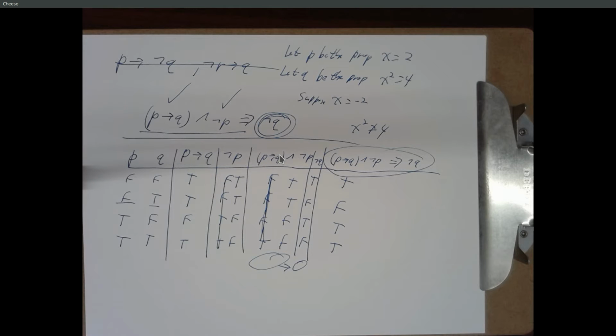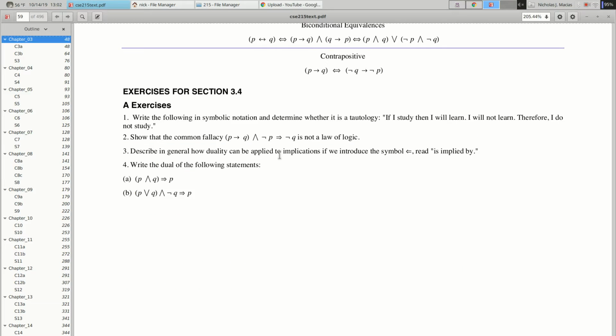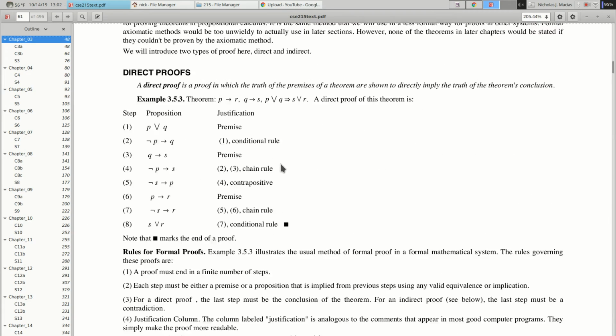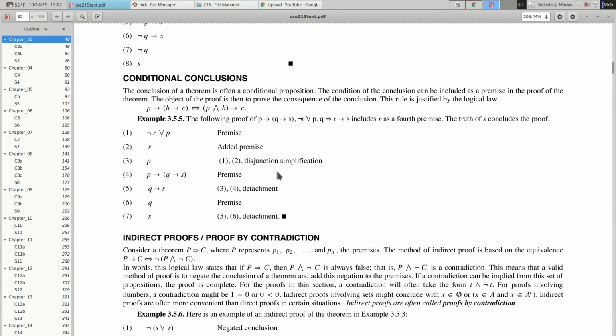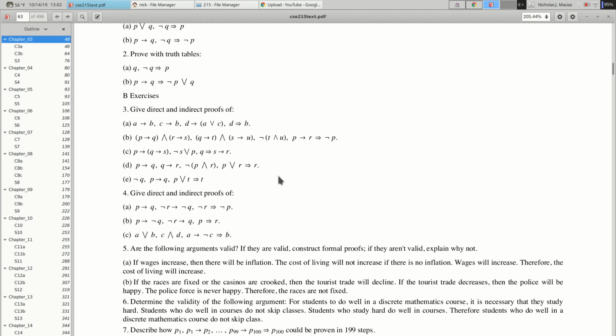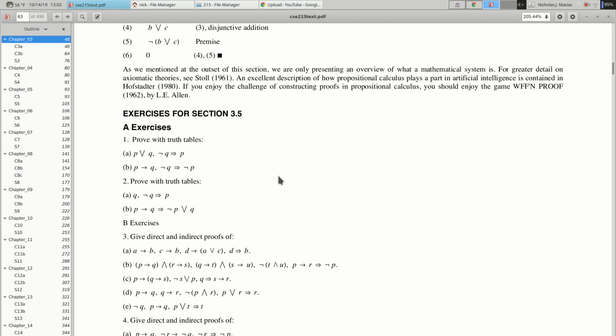Other questions? If you have time, can you do 3.5, 2A? Prove with truth tables?